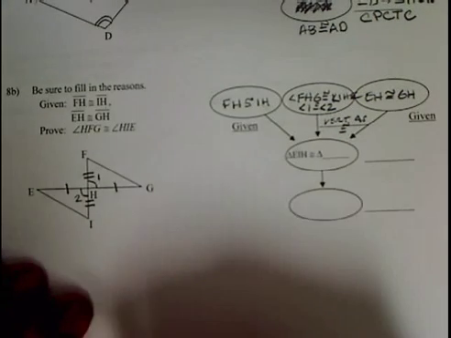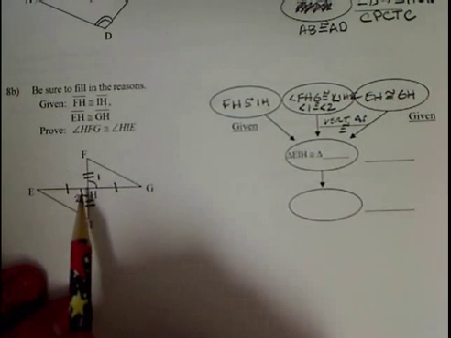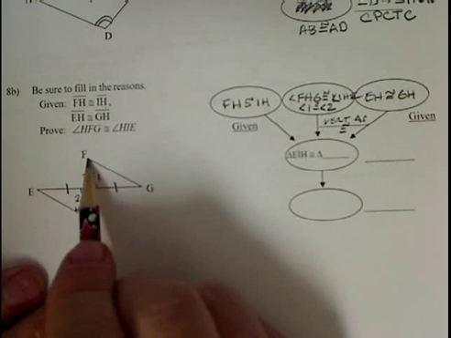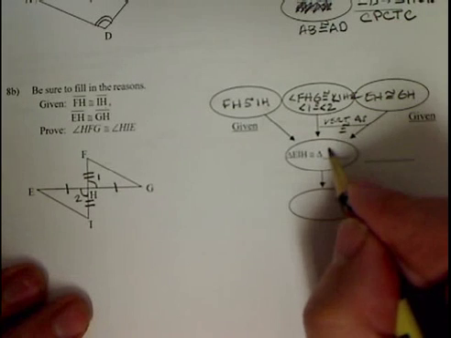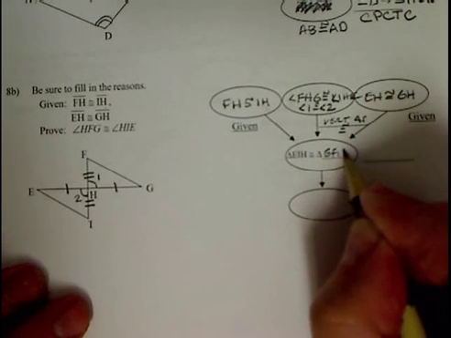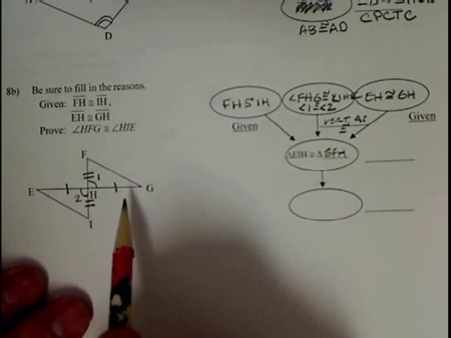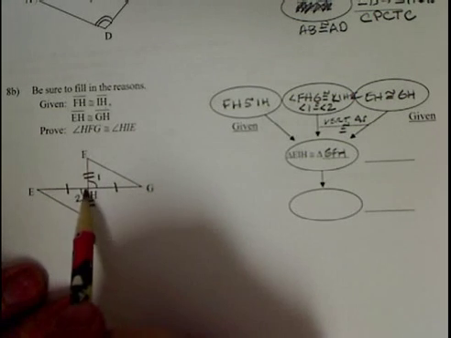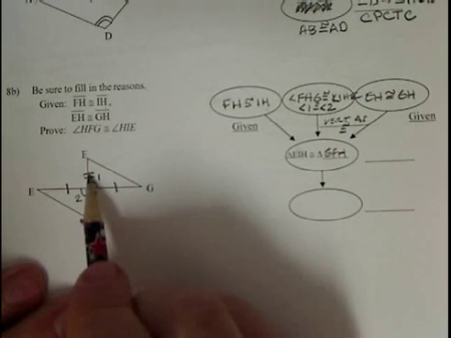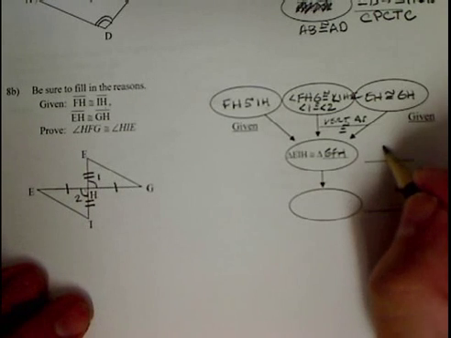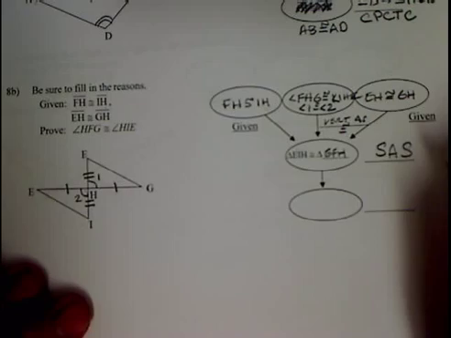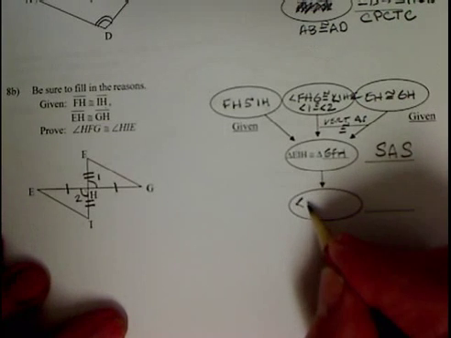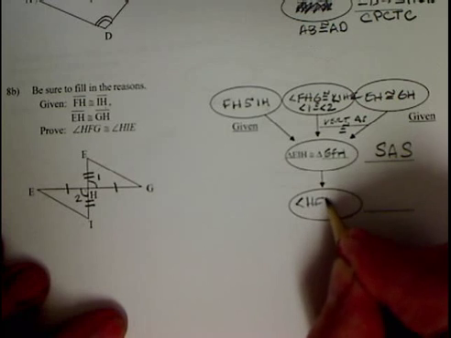Okay, now I'm going to match up my stuff. EH is congruent to GH, and IH to FH. So make sure I match up my pieces. E matches G, I matches F, H matches H. This one we have side, angle, side. And then we put what we're trying to prove, which right here was angle HFG.